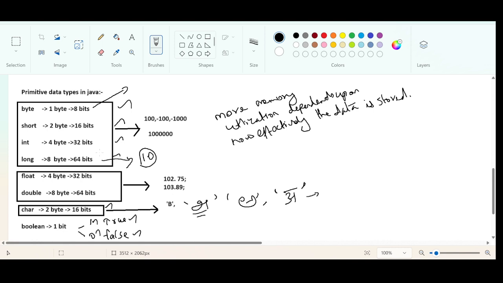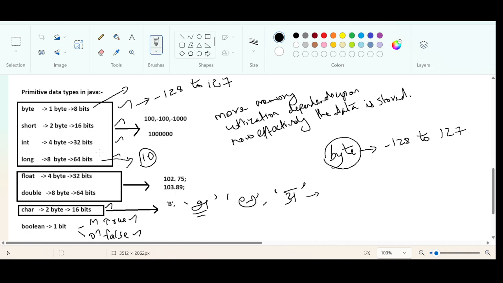So literally, if you talk about the byte data type, the byte ranges from -128 to +127. This is what the Java documentation says: if you want to store any values between -128 to +127, you can use byte, right?